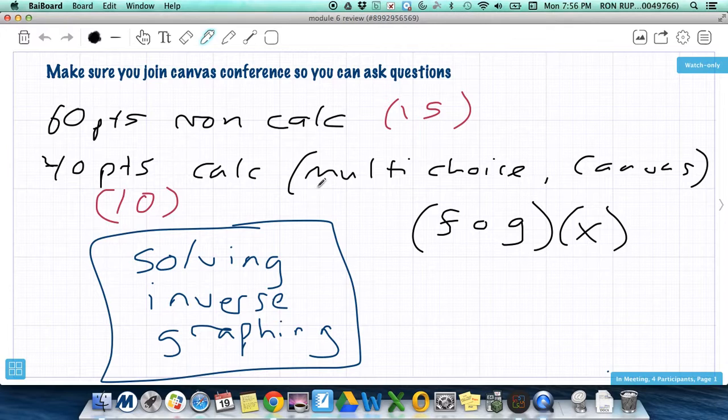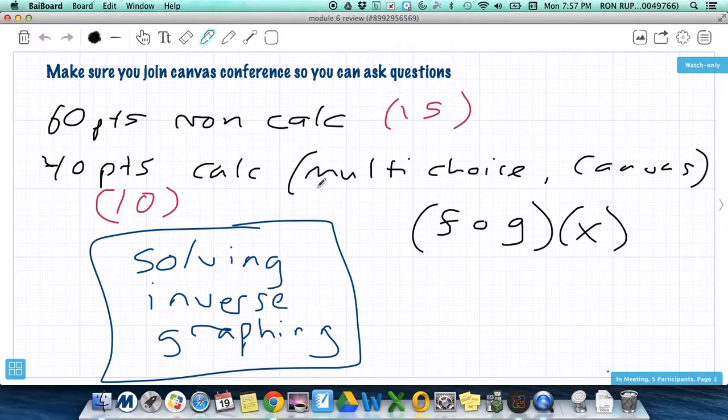So let's say I have f of x equals x plus 3 and g of x equals x squared minus 1. What you might get on the test is, say, g composed of f of negative 2.